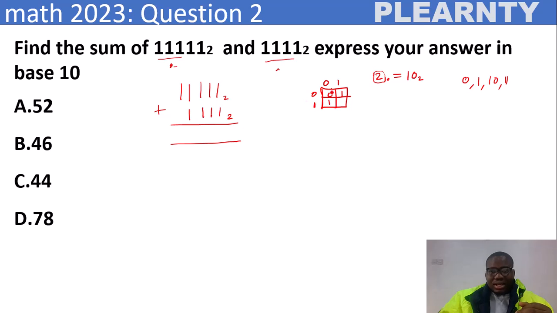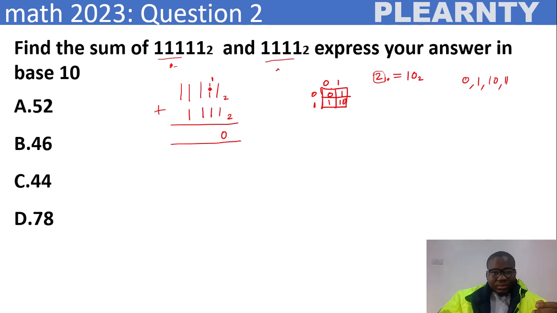So when you add this together, it gives 10, which is equivalent to 2. So having known this, when you add 1 and 1 together, it gives you 2. But remember, 2 is 10. So you are going to put 0 here and take this 1 to the next unit.